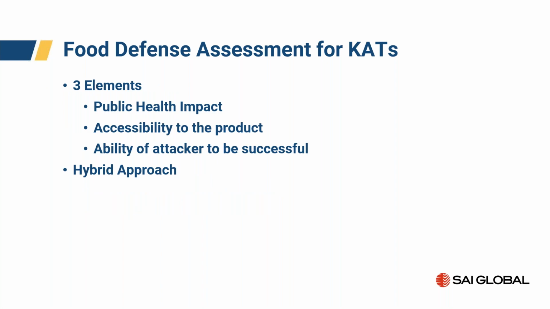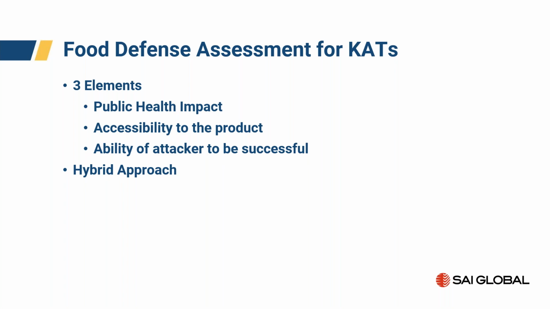You couple that key activity types with the 3 elements, which is the public health impact that the attacker would be able to bring upon you if they were successful in contaminating your product. What is the accessibility that the attacker can get to your product to add something to it? What is the ability of them to do that and be successful?